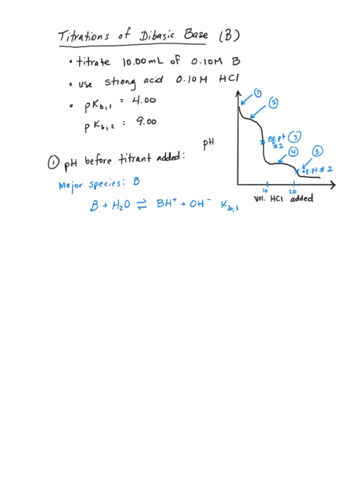This reaction here. We can approximate this, therefore, as a monobasic weak base, where Kb1 allows us to calculate the concentration of hydroxide ions at equilibrium in this reaction directly.